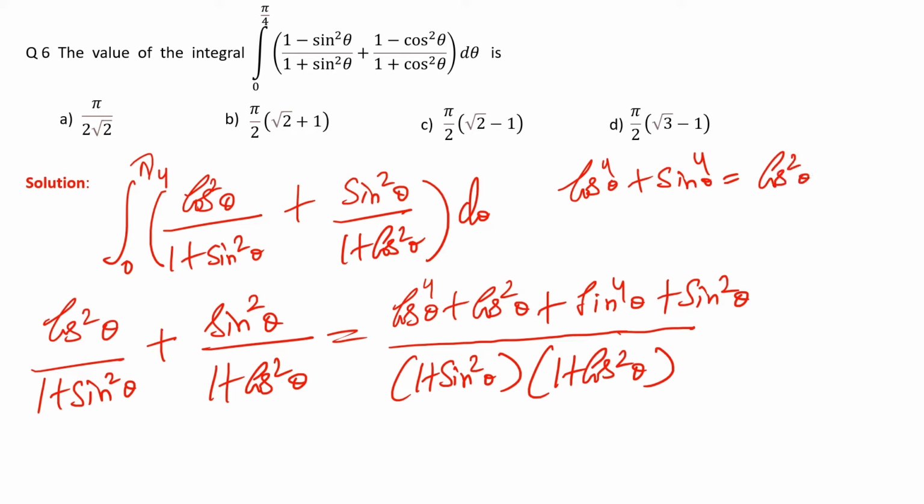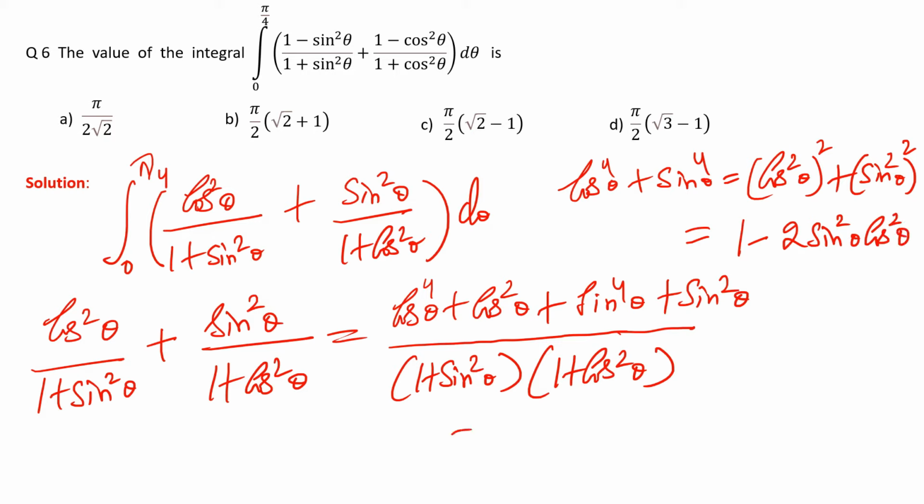That means it can be written as cos square theta whole square plus sin square theta whole square, which can further be written as cos square theta plus sin square theta whole square minus 2 cos square theta sin square theta. So that means it is finally 1 minus 2 sin square theta cos square theta. Fine. Now I will be using this expression in the simplification.